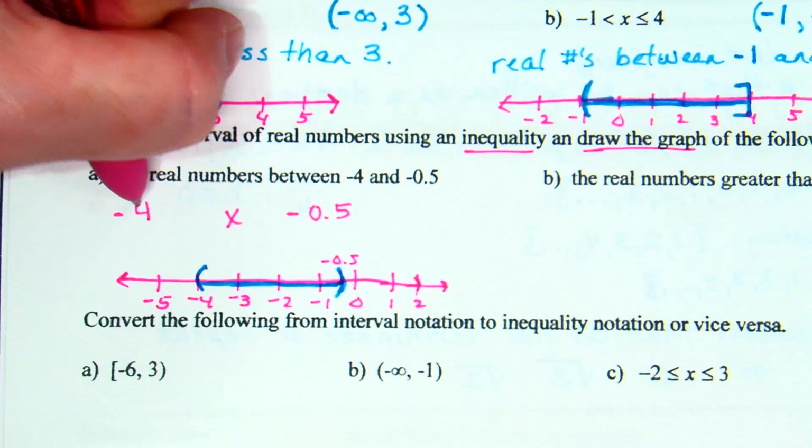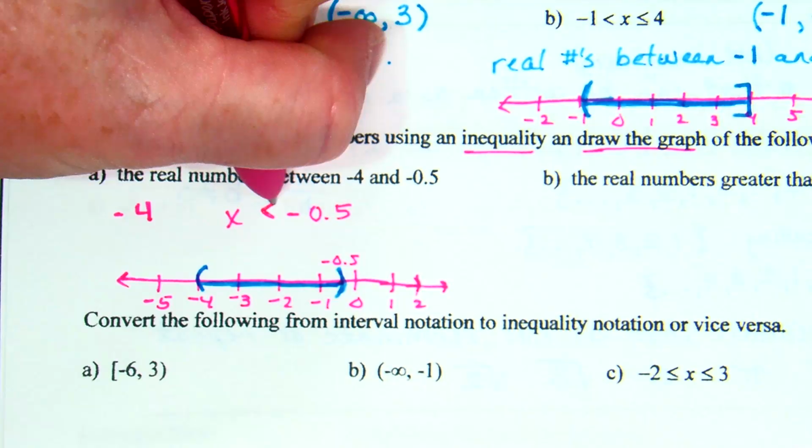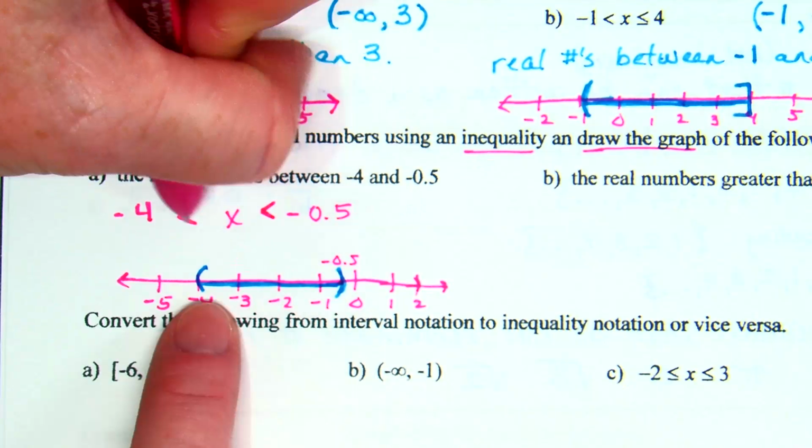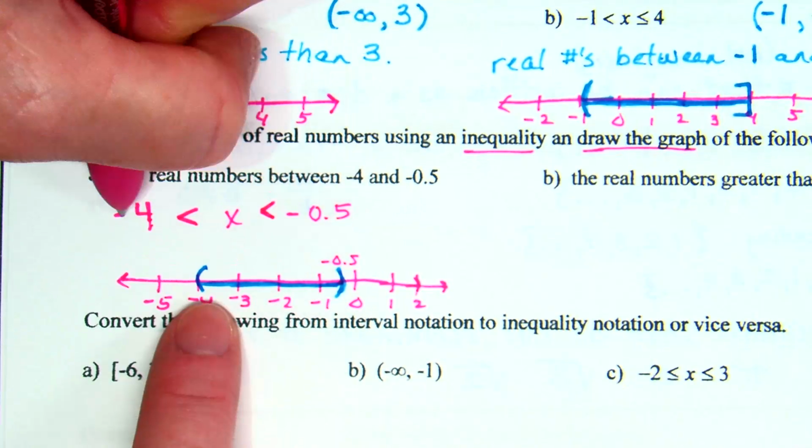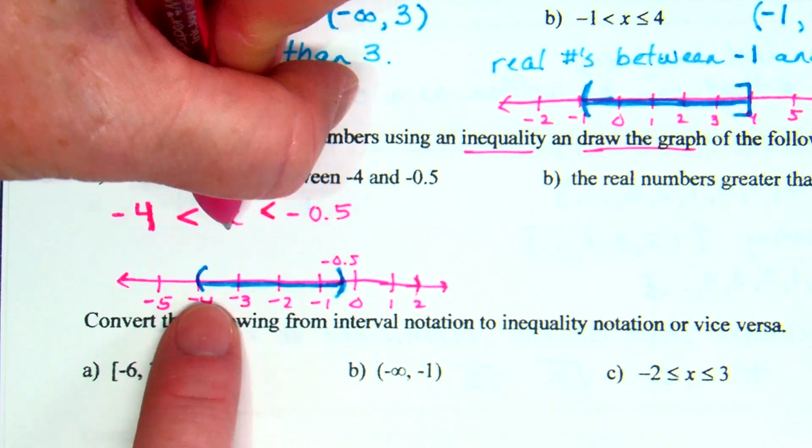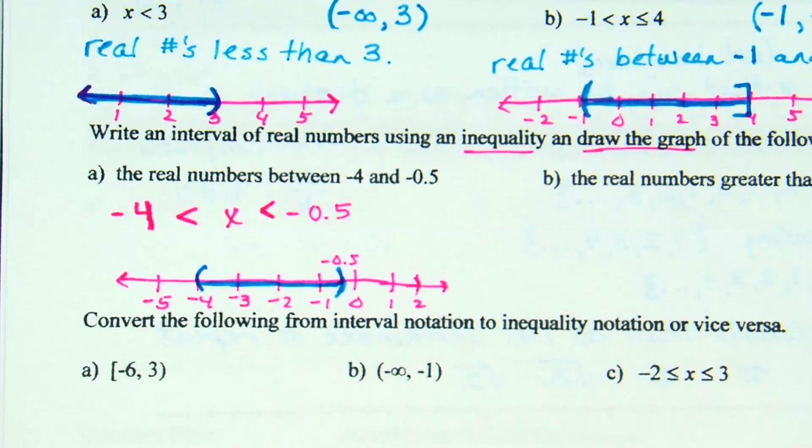It's going to be less than -5/10, so we use the less than symbol there. It's greater than -4, but this is reversed. So I'm going to say -4 less than X less than -5/10. That would be your inequality.